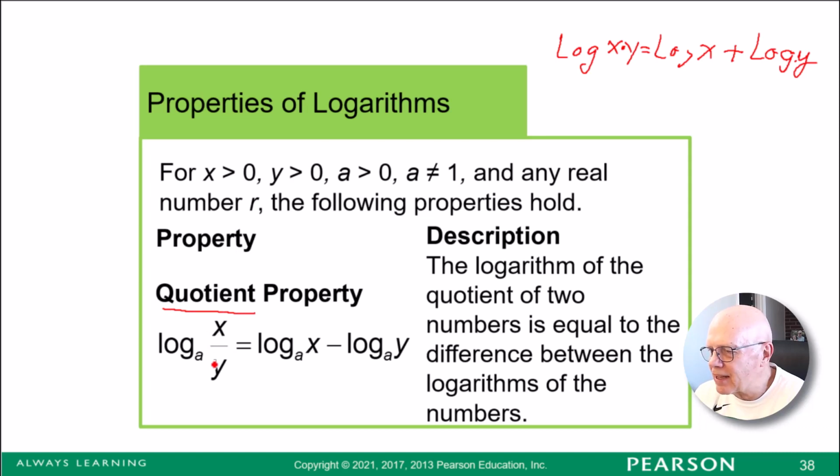We're dividing x by y. So for this one, you have the logarithm of the top one minus the logarithm of the one on the bottom. Remember, for the product, you're adding logarithms. For the division, you're subtracting logarithms.